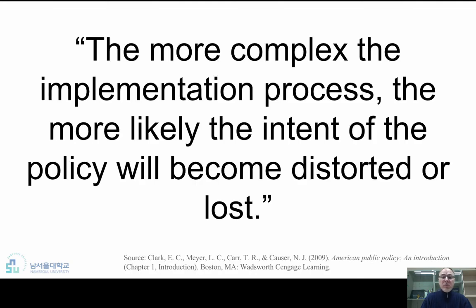And this is another way of putting it from the literature. The more complex the implementation process, the more likely the intent of the policy will become distorted or lost. This is an implication of what I just put in. If a policy itself is simple and easy, then the intended outcome is probably sustainable.